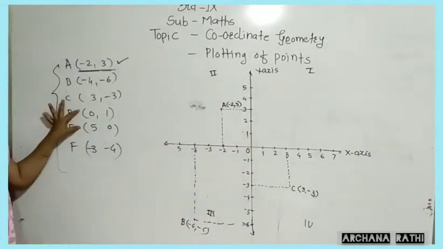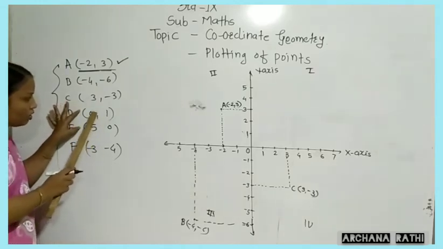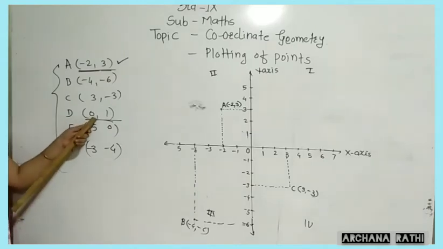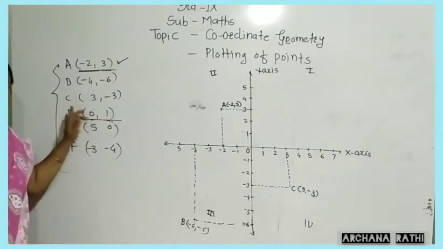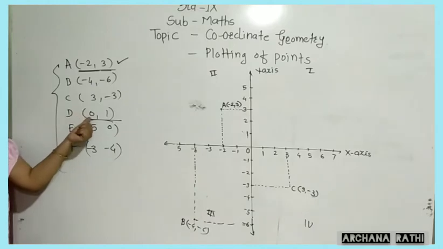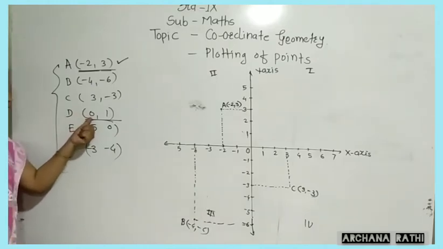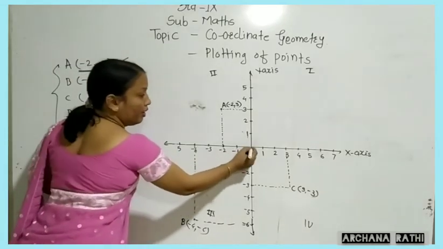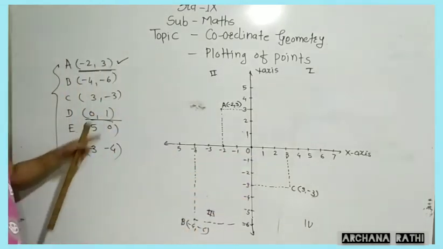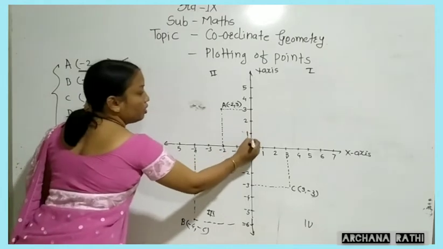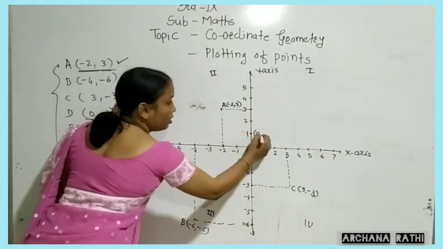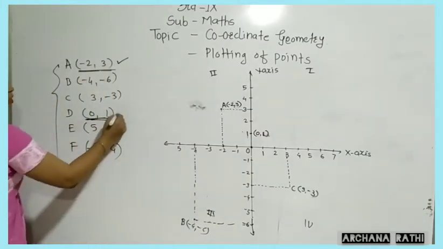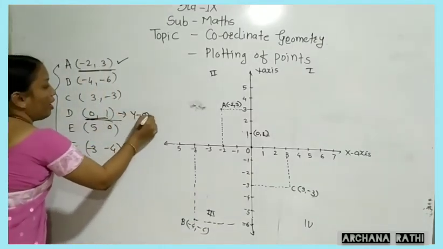Now next, (0, 1). In which quadrant will this point lie? It will not lie in a quadrant. It will lie on the axis. Now which axis is 0? X coordinate is 0, so we have come to x coordinate 0. Y coordinate is 1, meaning this one. This is your (0, 1). Whenever there is (0, 1), that will lie on the y-axis.